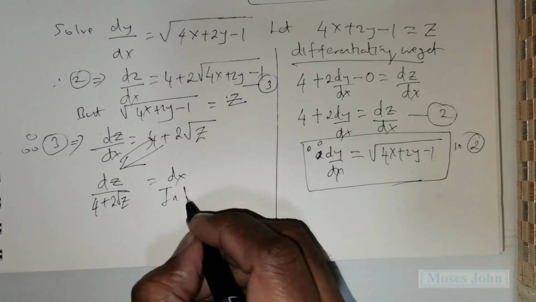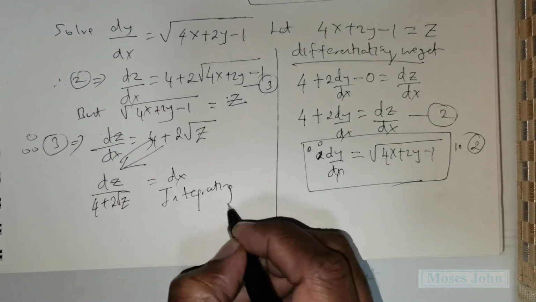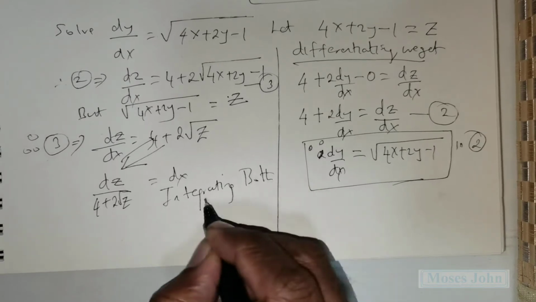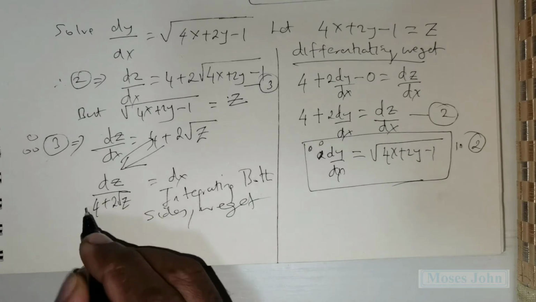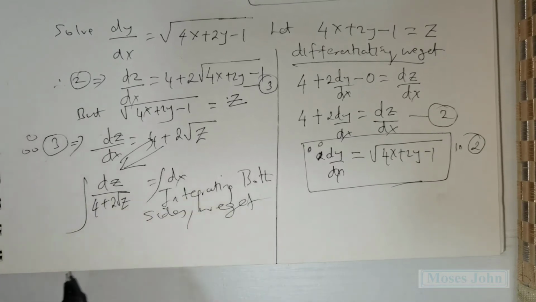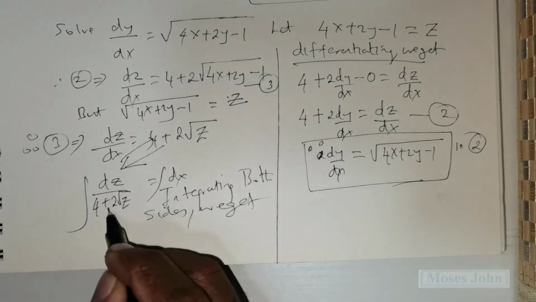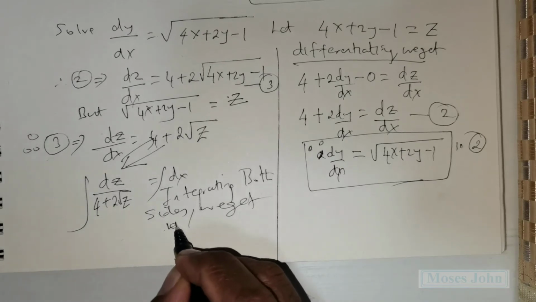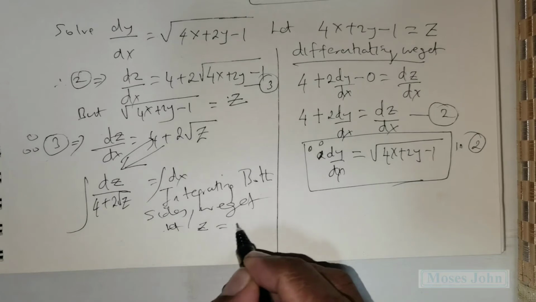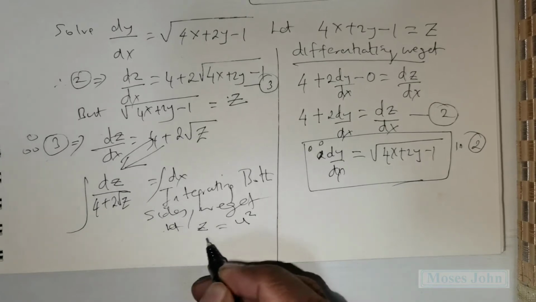Now integrating both sides, this is an important statement you have to write. So what do we get when we integrate both sides? Now this can be integrated by making the following substitution. Let me take z to be u squared.